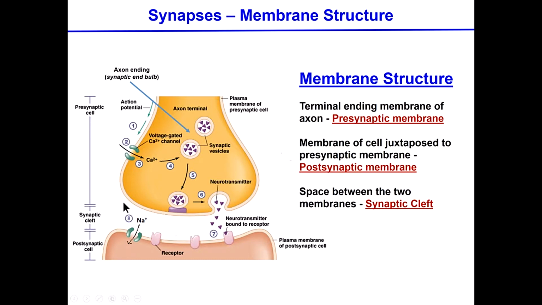Then the space in between, which I said in chemical synapses tends to be larger than in the electrical synapse, is what is called the synaptic cleft. And the postsynaptic membrane is the membrane that is receiving the stimulus, and it typically contains a number of receptors that are specialized in receiving either the neurotransmitter or changes in the concentration of sodium, and we'll see in a few minutes what the changes in the concentration of sodium are doing in terms of causing the depolarization and the transmission of the signal itself.